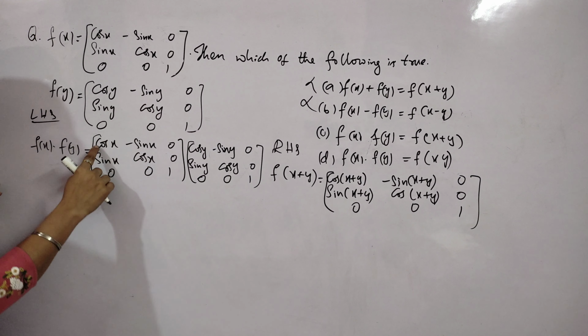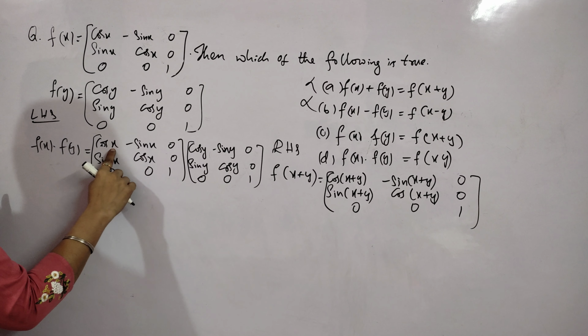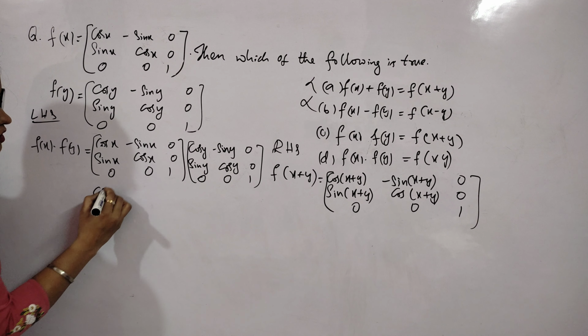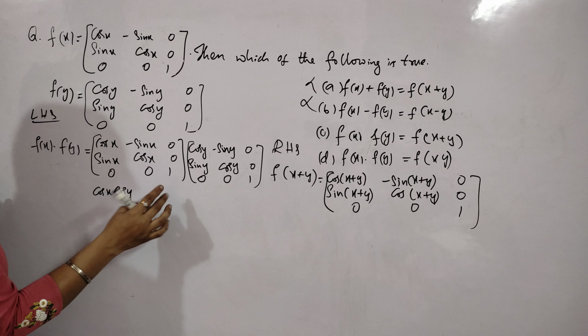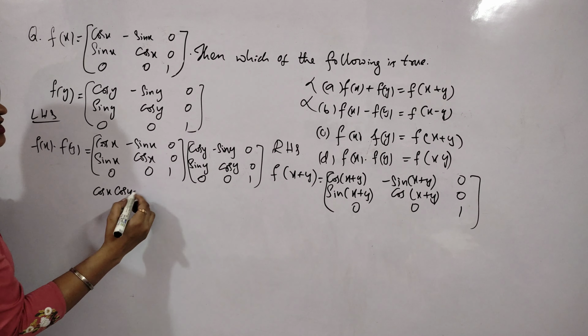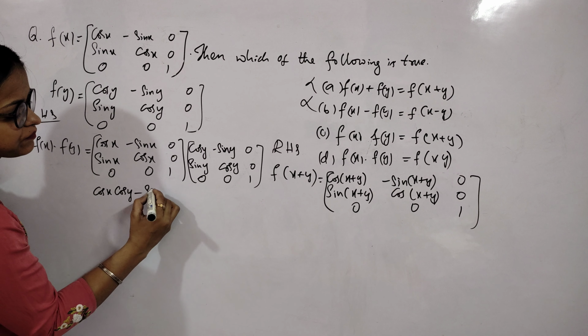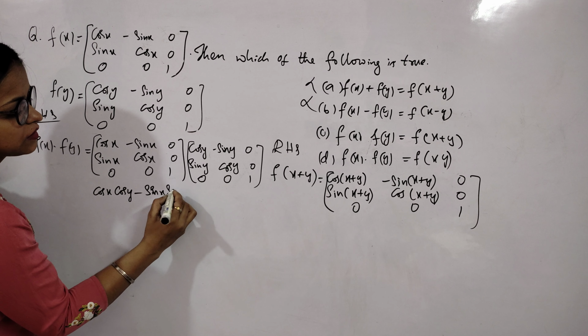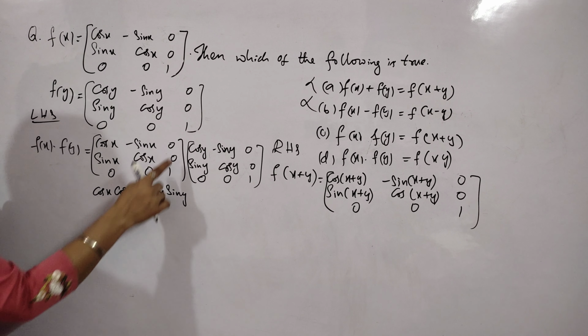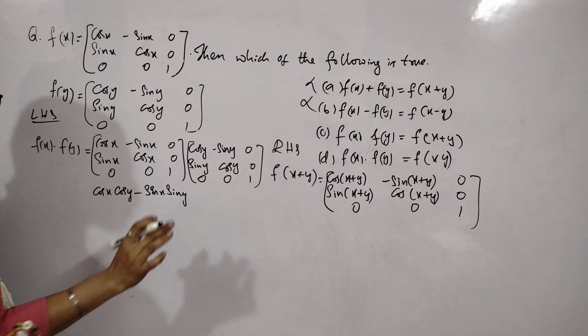On multiplying, the first row is multiplied with the first column. Cos x into cos y is cos x cos y, and minus into plus is minus sin x sin y. 0 into 0 is 0.